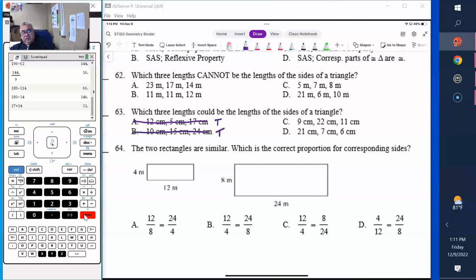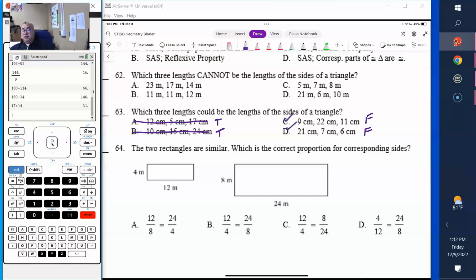Then 9 and 11 is 20. So that's false. And then we have 7 and 6 as 13. That's false. So I would take C and D.